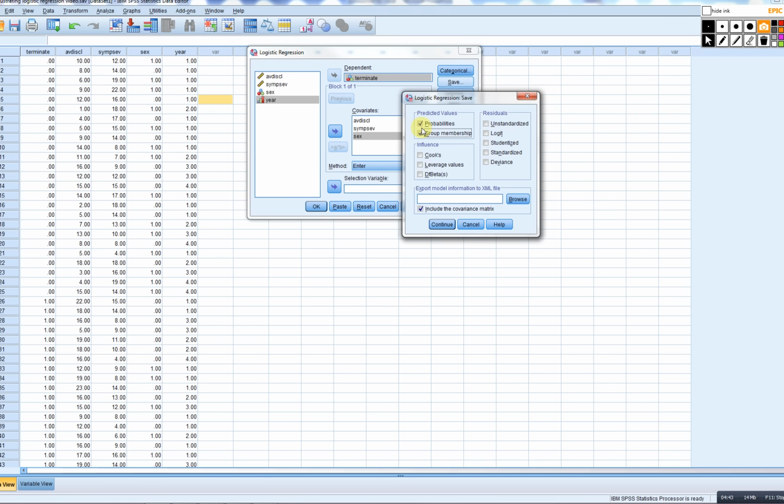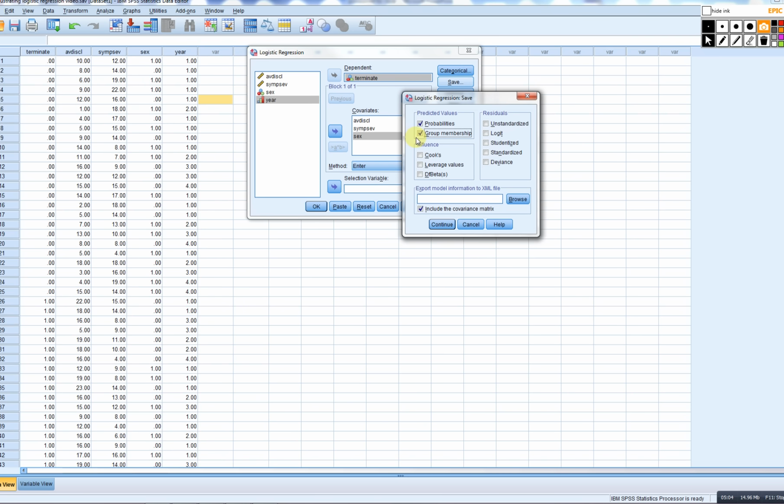Based on those predicted probabilities, the program will generate predicted group membership. And so for predicted probabilities that are equal to or greater than 0.5, those cases are assigned to the group that's coded 1. So they were predicted to be in group 1.